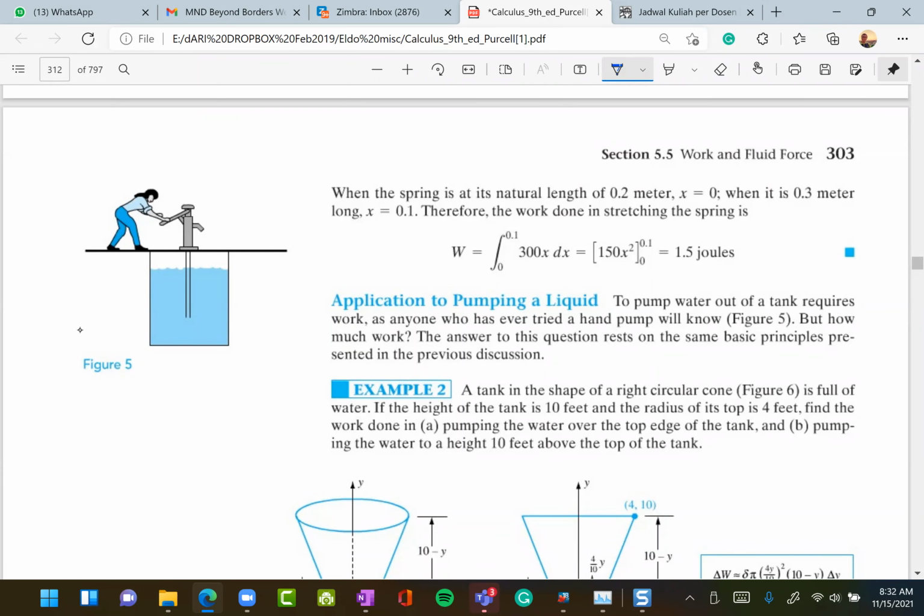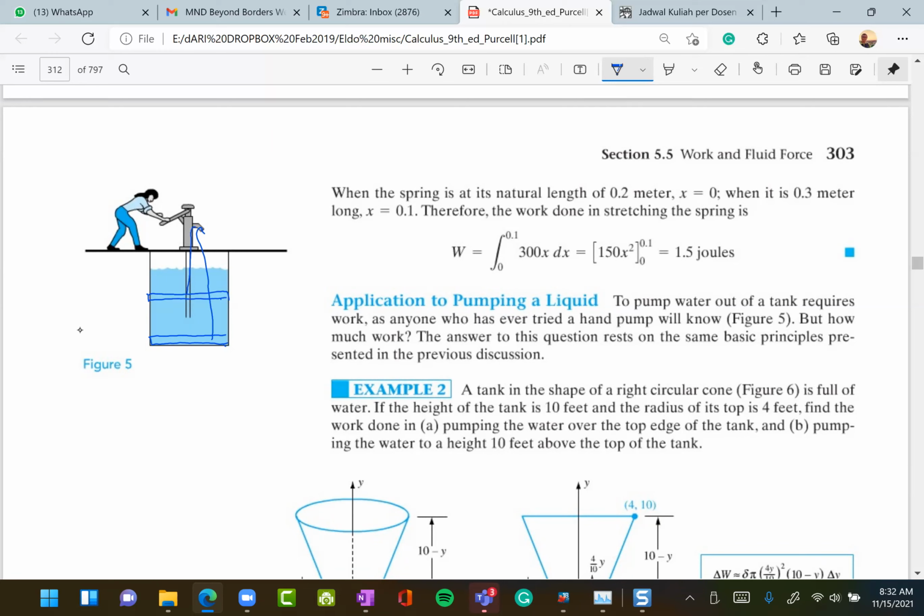How do we do this one here? The thing is that this liquid here has to travel this distance to the spout of the pump, while the water here only travels this distance, which differs quite significantly from the one at the bottom.